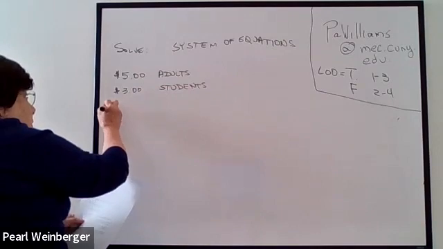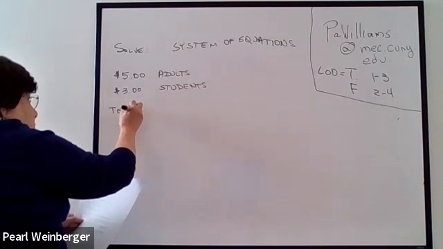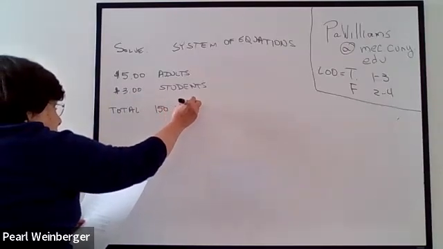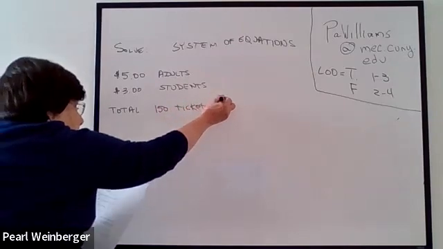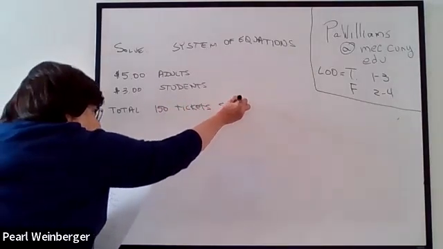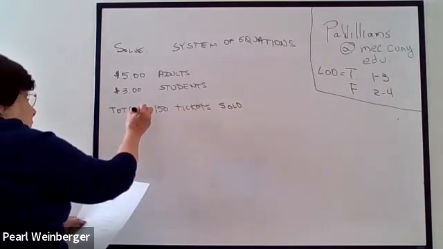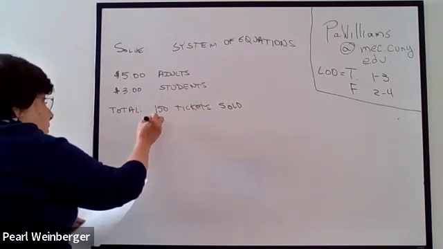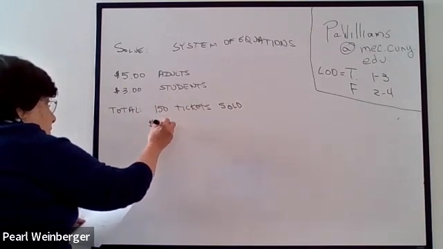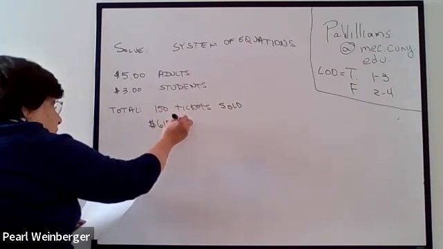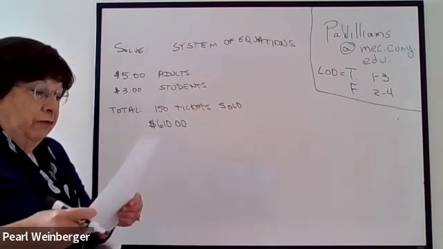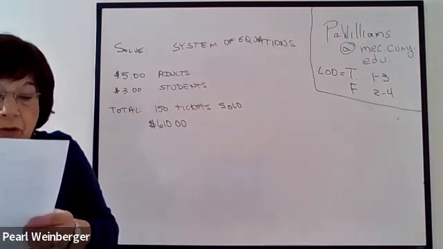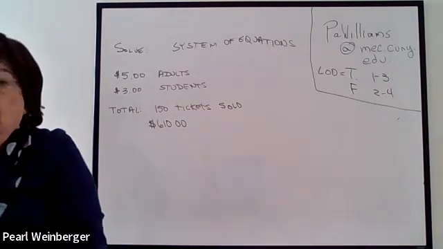A total of 150 tickets were sold. And a total of $610 was made from selling those 150 tickets. And we want to know how many adult tickets were sold and how many student tickets were sold.